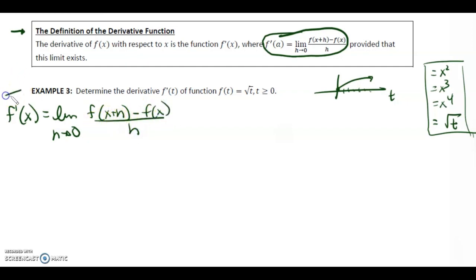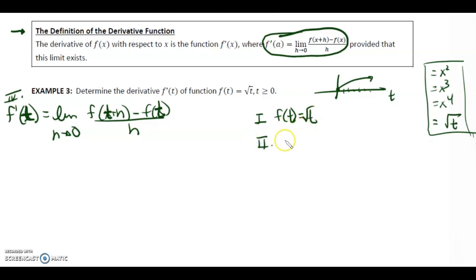So if you wanted to do this with the 3 steps, step 1 would be f at t is root t. This should be a t, this should be a t, this should be a t. Okay, we're using the variable t.